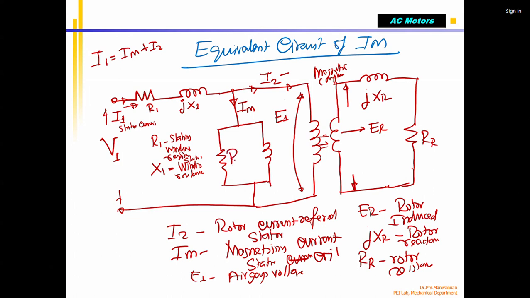This is called RC. Sorry, you can note down. This is called JXM. RC is nothing but core loss. RC refers to core loss resistance. Sometimes it is also called copper loss resistance.